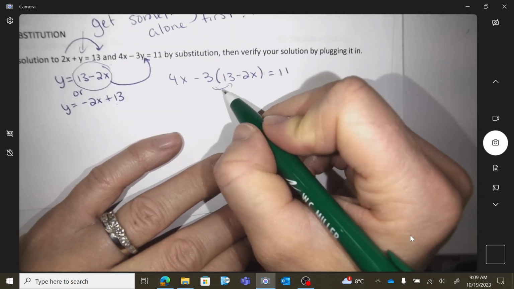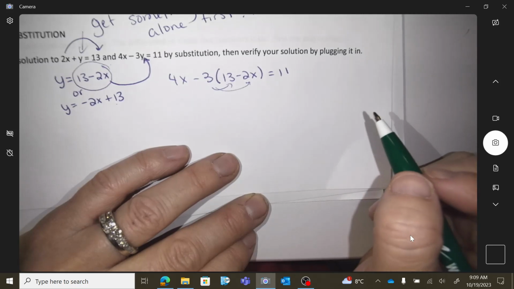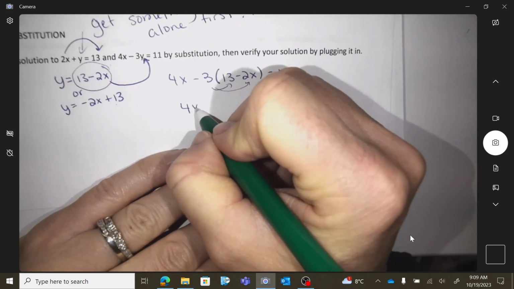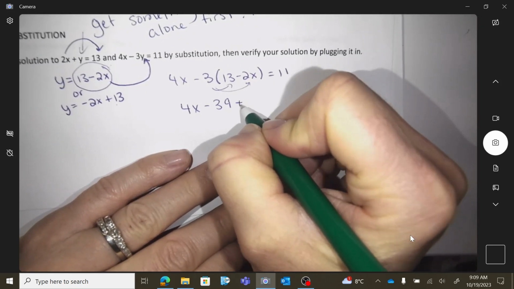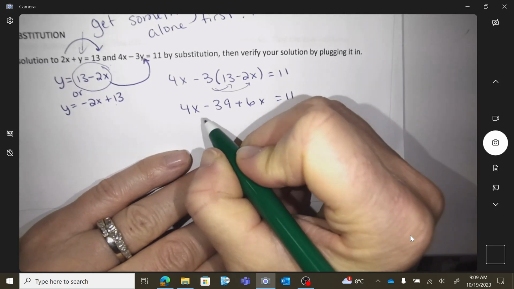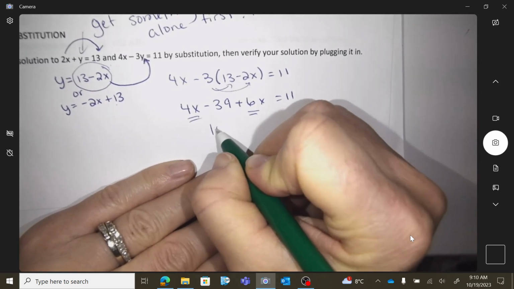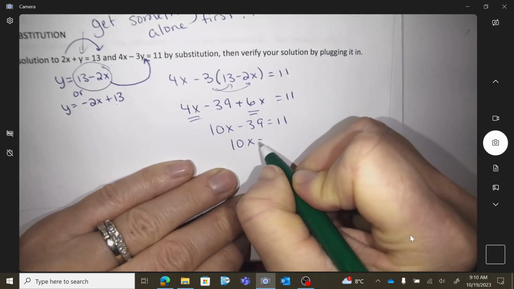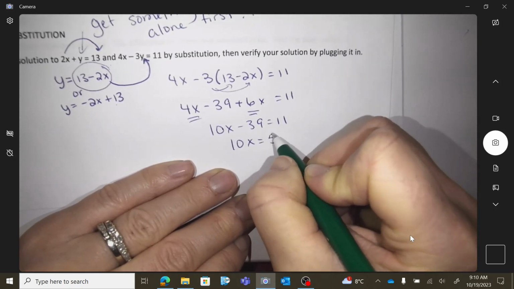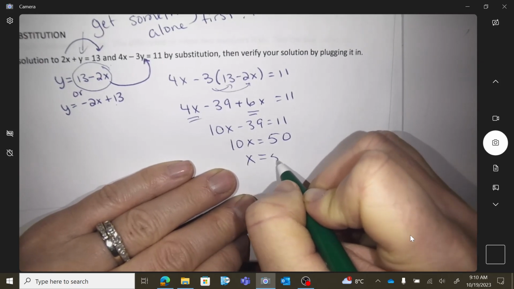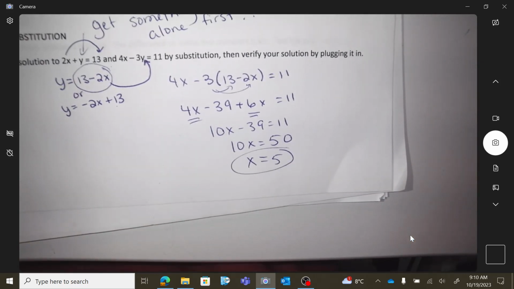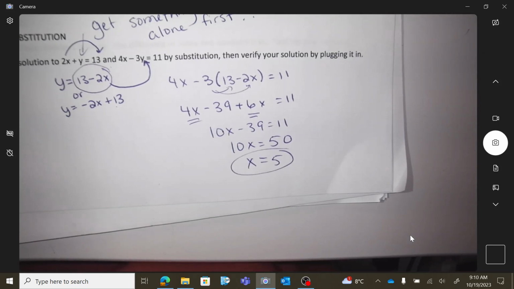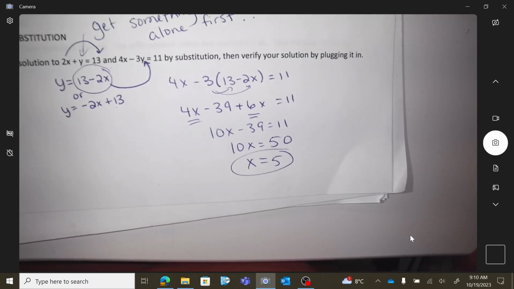Okay, algebra says we should distribute stuff. So can you work that out? Distribute, collect, move, divide, all that algebra stuff.